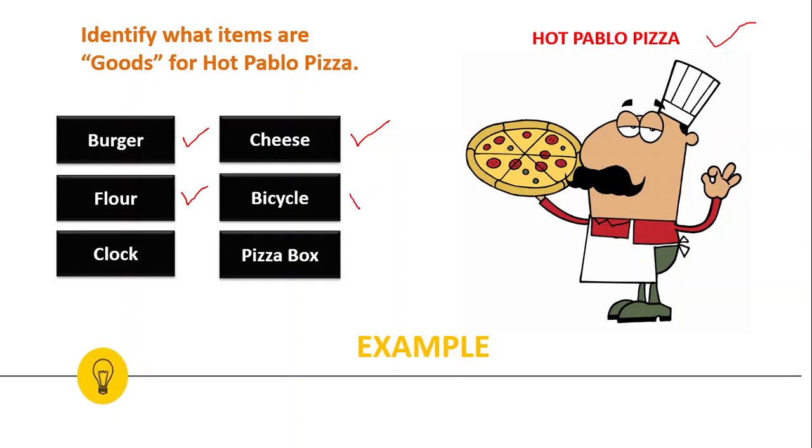Bicycle or any vehicle or motorbike cannot be considered as good because this is not an end product held for resale purpose. Anything which is held for resale purpose, or which will end up with the end customer to generate revenue, will be termed as good.